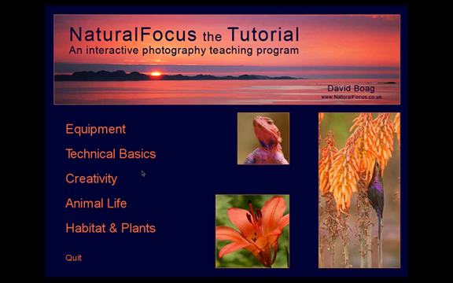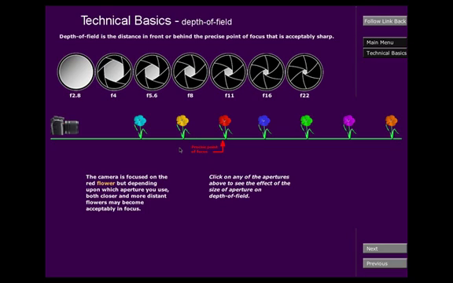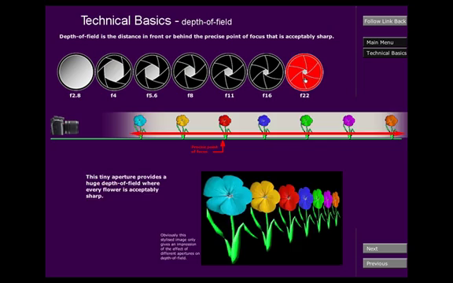Now, one of the key things that I was very interested in making sure worked well was the interactivity of this particular program. I wanted things to be exciting, interesting, stimulating, even things that are technical, that don't initially appeal to me, if I'm honest, but nevertheless can be exciting if we look at it in a creative way. For example, the size of aperture is relevant. It affects depth of field. I can demonstrate depth of field by you clicking on different apertures. I can illustrate them and talk about it.